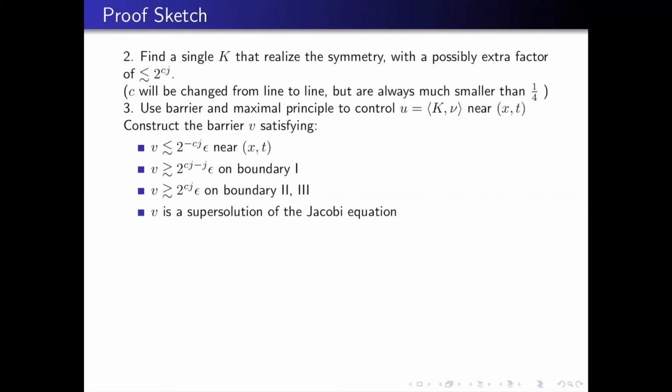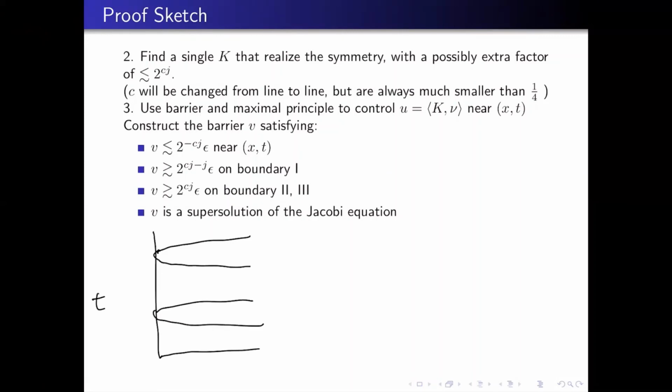So the last step is to construct a barrier to make the center point very symmetric, or this U very small. It's best to draw a picture to illustrate how it works. So we have M_t looking like bowl cross R. At time t, we have such a picture.